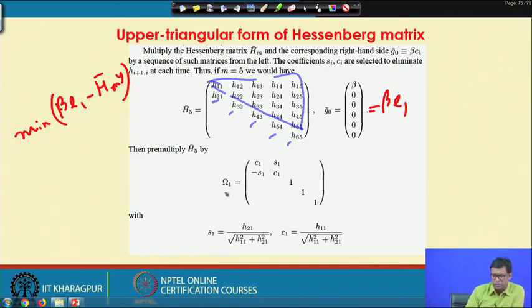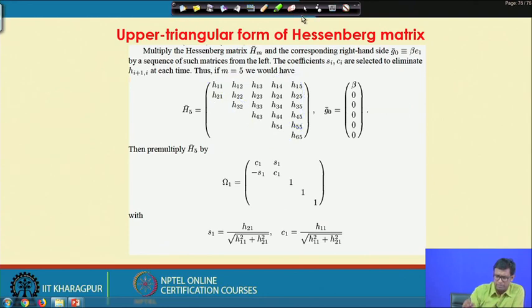By multiplying with omega 1, our goal is that h21 will be eliminated from H bar 5, and of course, g bar 0 after this multiplication will not be beta e1, rather something else will come here. So, this is the pre-multiplier matrix according to the formula given in the last slide.